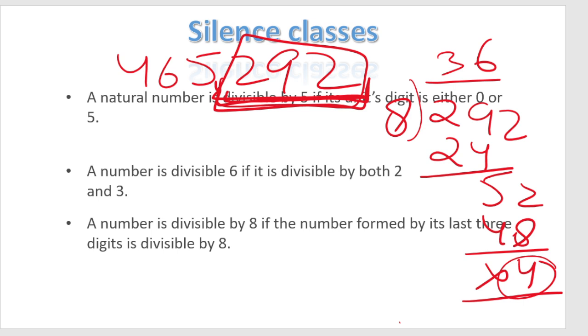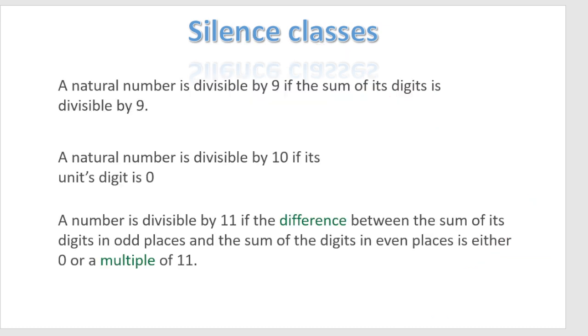Please remember, in 8 you have to check the last 3 digits of the number and divide them. If that part is divisible by 8, then you can say the whole number is divisible by 8. Let's move to the divisibility rule of 9.